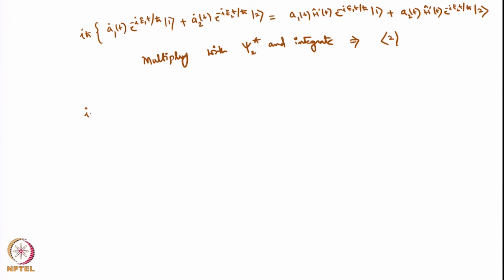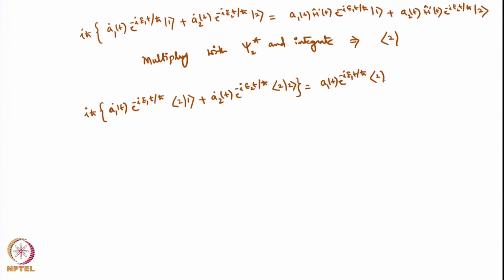So what we get is iħ A1 dot t e to the power of minus iE1t by ħ ψ2 ψ1 plus A2 dot t e to the power of minus iE2t by ħ ψ2 ψ2 overlap integral should be equal to A1(t) e to the power of minus iE1t by ħ ψ2 H'(t) ψ1 plus A2(t) e to the power of minus iE2t by ħ ψ2 H'(t) ψ2.